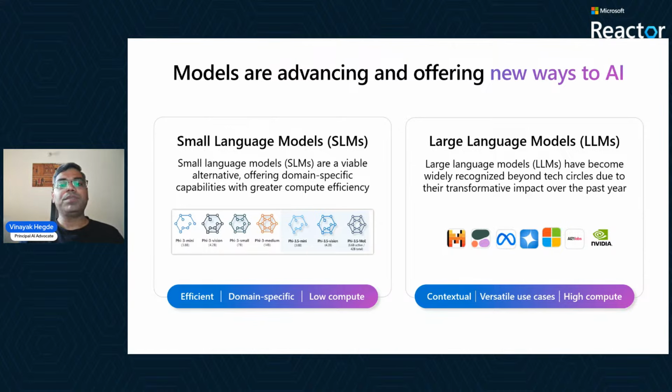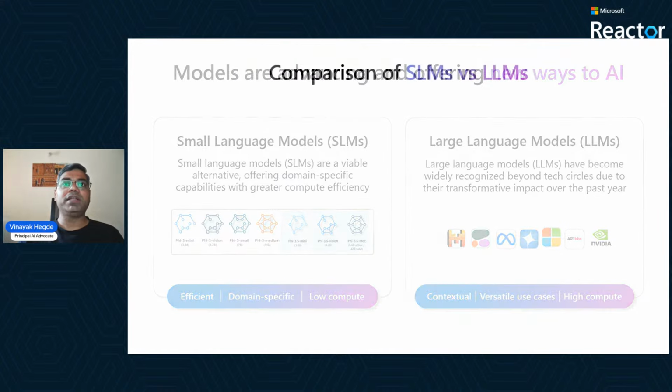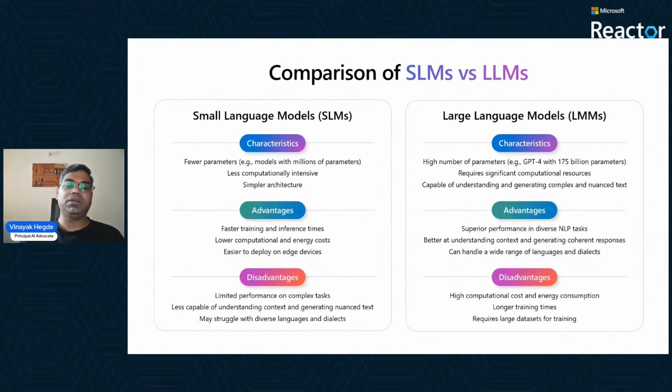So I want to make this comparison a little more detailed. In terms of technical capabilities, how does it look? Language models are essential in natural language processing, helping machines understand and generate human language. There are large language models like GPT-4, which has 175 billion parameters.